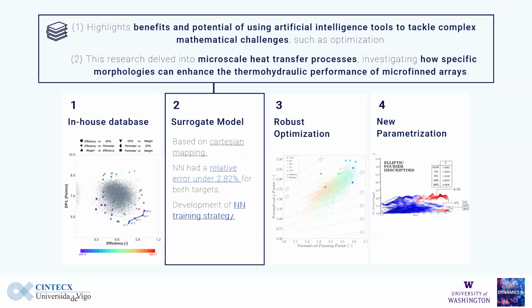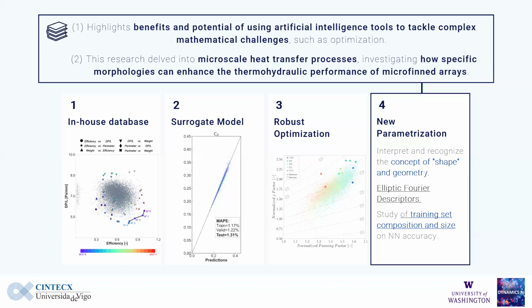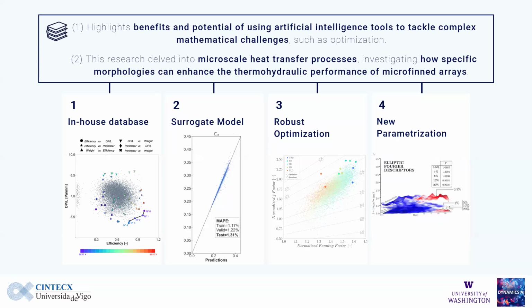We built surrogate models that are robust enough to be implemented in a robust optimization problem. We found new unrestricted microfin shapes to design and learn from, and we propose this new parameterization tool, the elliptic Fourier descriptors, to improve the parameterization that we started with, the Cartesian mapping.